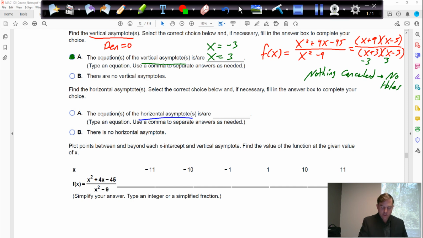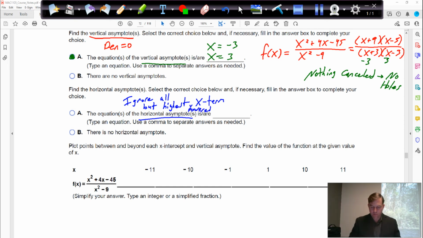For horizontal asymptote, we're going to ignore everything but the highest power of x. Ignore all but the highest powered x term.